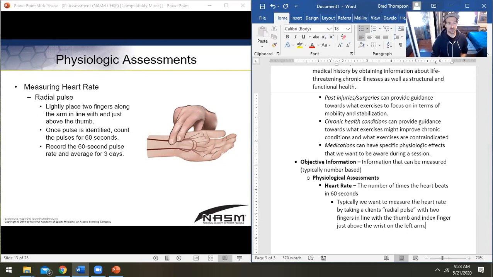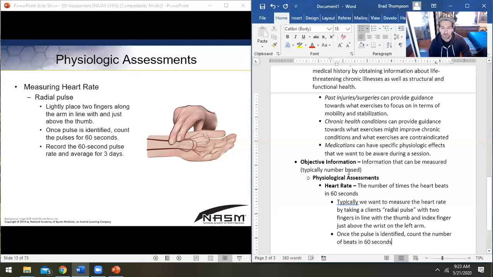So lightly press 2 fingers along the arm, in line with and just above the thumb. Once that pulse is identified, count the number of beats in 60 seconds.